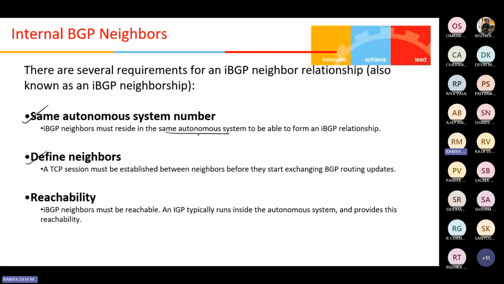We have to configure the neighbors manually with the help of the neighbor command, because BGP will not discover the neighbors automatically, either external or internal. The TCP connection must be established before exchanging the routing updates. What is the purpose of reachability? The neighbor must be IP reachable before the session is confirmed. So it should provide the reachability. Fine.